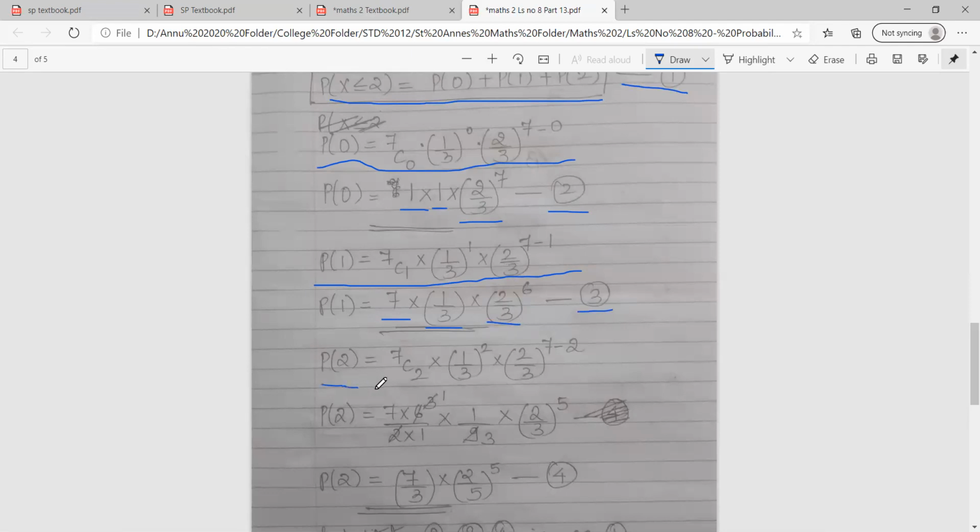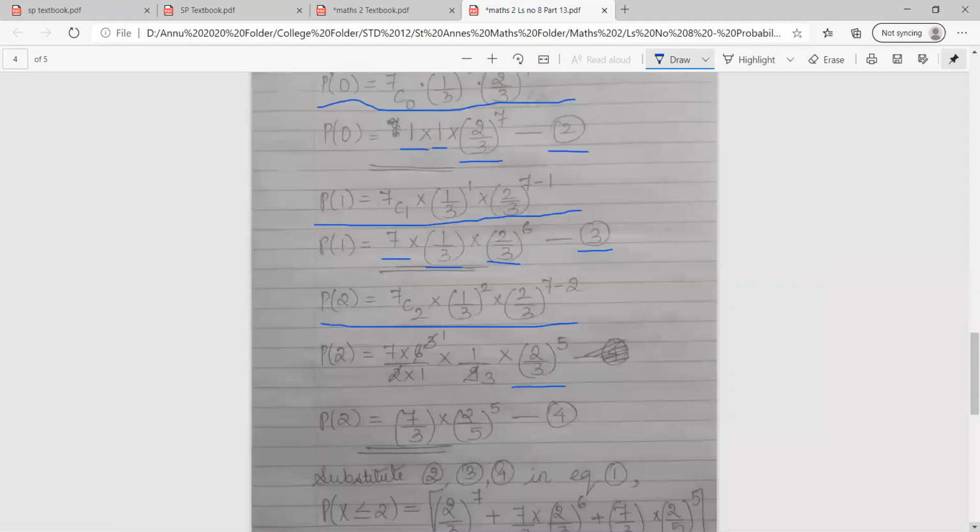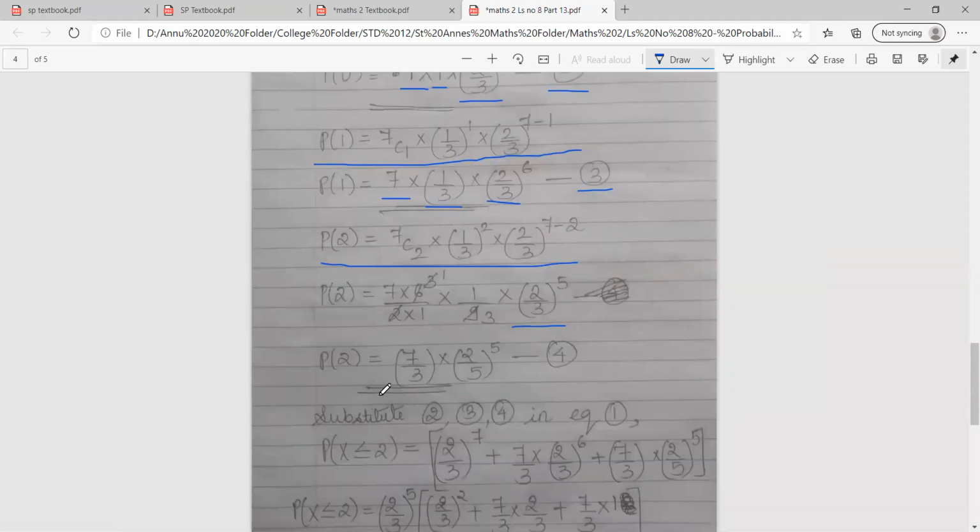Next, I find out P of 2. These are the values which I get after putting it in the formula. So 7C2 is 7 into 6 upon 2 into 1 into (1/3) the whole square, which is nothing but 1 by 9, and (2/3) raised to 5. I keep it as it is. On cancelling, I get 7 upon 3 into (2/3) the whole raised to 5, point number 4.